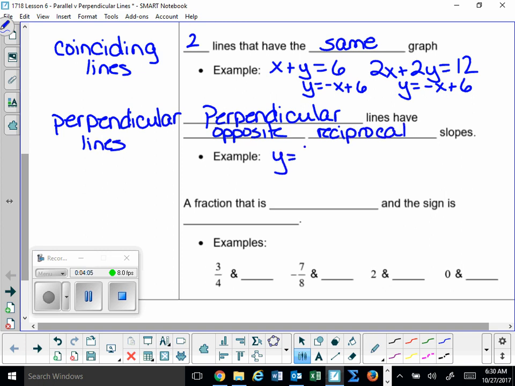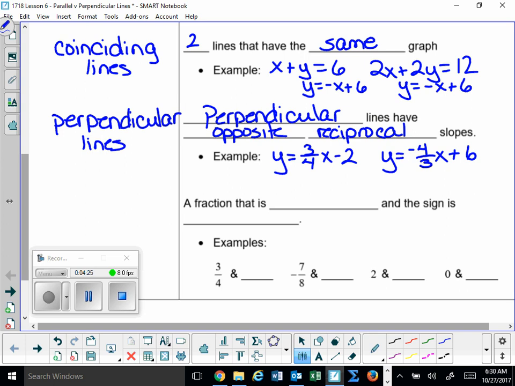So y equals 3/4 x minus 2 and y equals -4/3 x plus 6. Okay, 3/4 and -4/3 are opposite reciprocals.